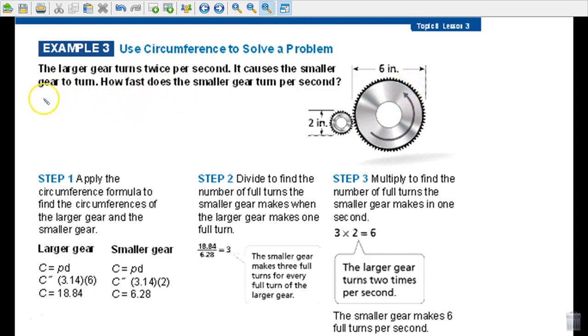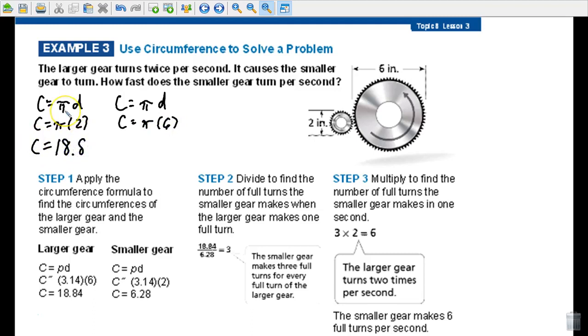So we would do C equals pi d, C equals pi times 2. Oh, they did the larger gear first, but who cares? C equals pi times 6. You plug that into your calculators, and you get 18.80. Nope, I lied.